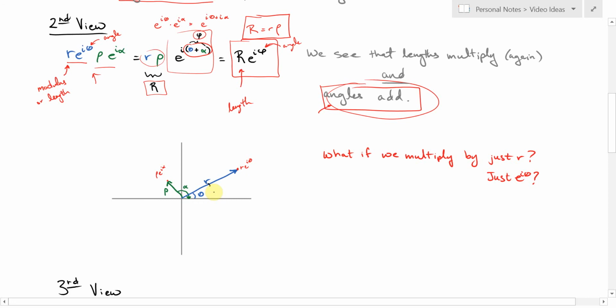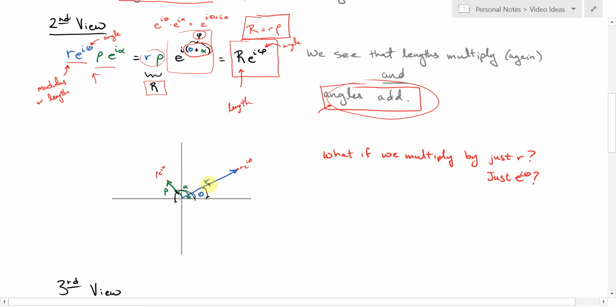But what's our angle? Our angle is the sum of these angles. It's this theta plus this alpha. So you take this theta, this little chunk I've drawn right here, and you add it to this alpha, and maybe it comes out to just a little bit right there.